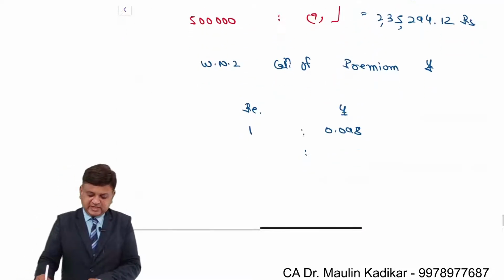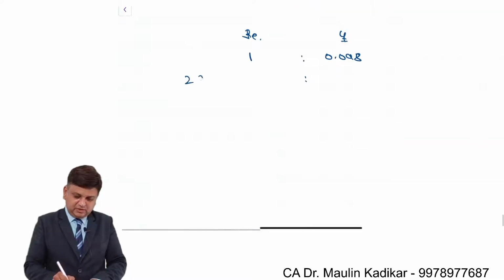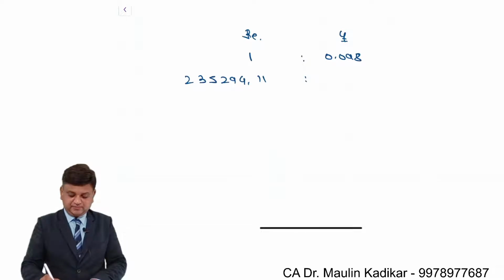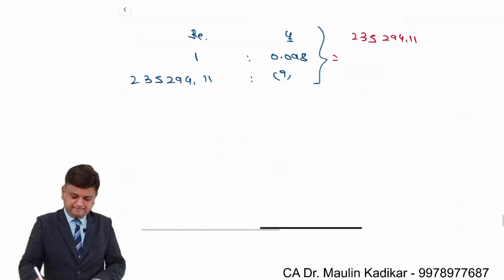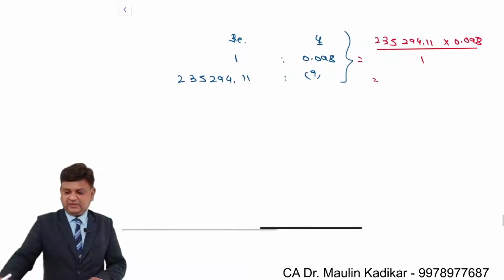So you purchase the right to sell 2,35,294.11 rupees, then this is the amount of the premium. So the answer is going to be 2,35,294.11 into 0.098 whole divided by 1. That is what we understand.